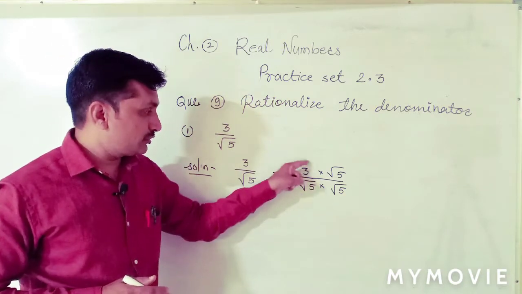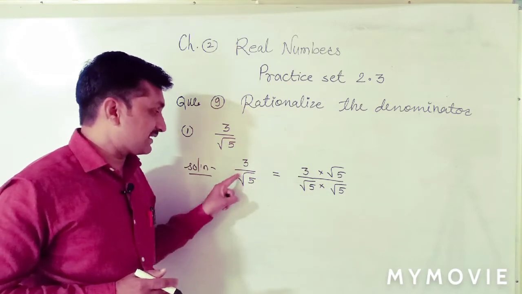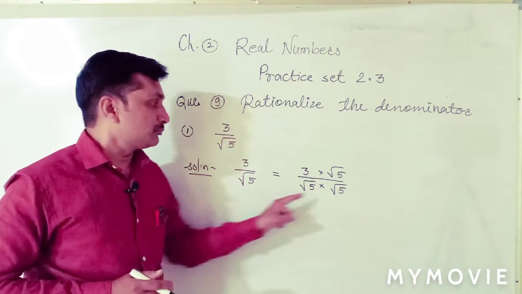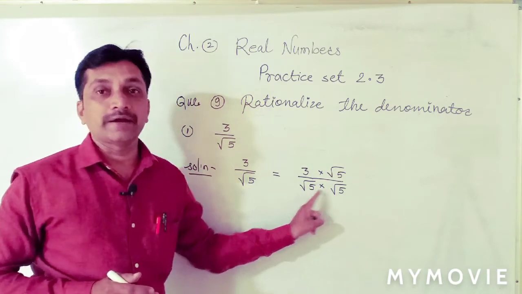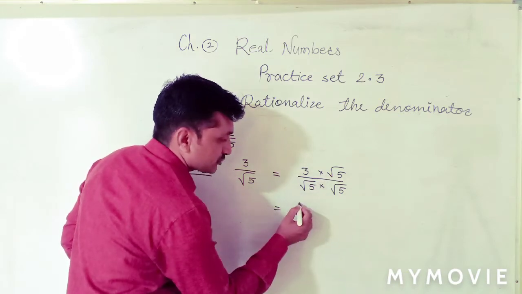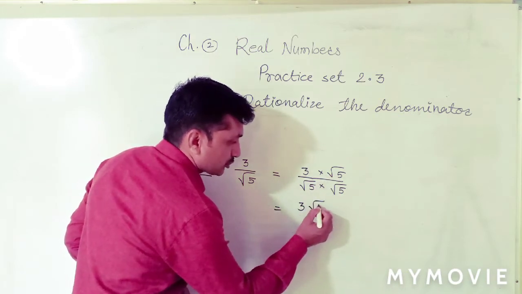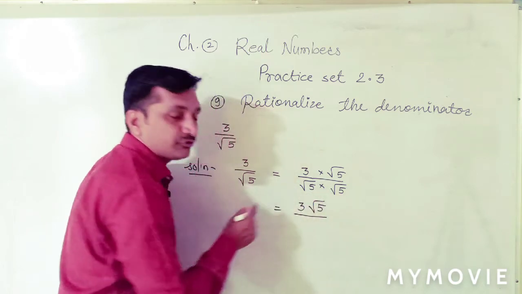So here 3 upon square root of 5 is from the example, and whichever irrational number is in the denominator, multiply and divide the given fraction by that. Now multiplying, it is equal to 3 multiplied by square root of 5, 3 square root of 5 upon square root of 5 into square root of 5.